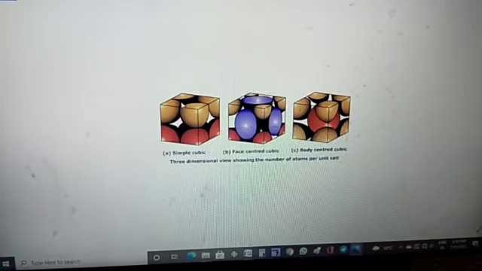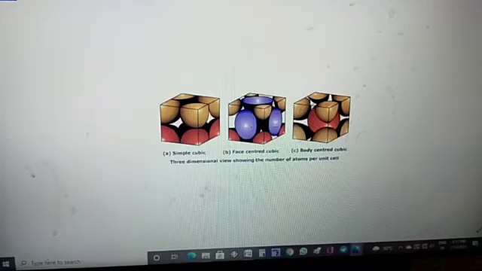Here in this body centered cubic cell, along with 8 corners, 1 body center particle will also be present. See here, along with these 8 corners, this red one here is also a particle present in the unit cell. It belongs to only that particular unit cell.